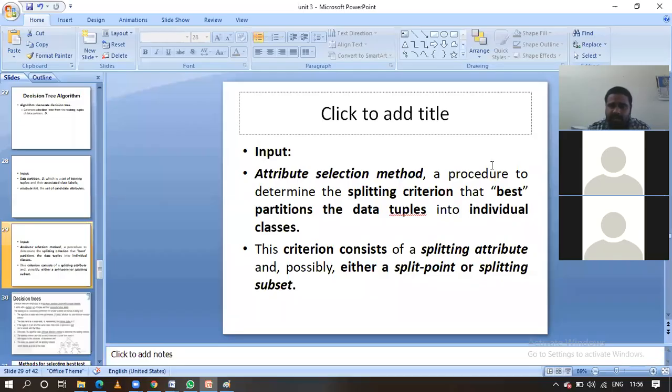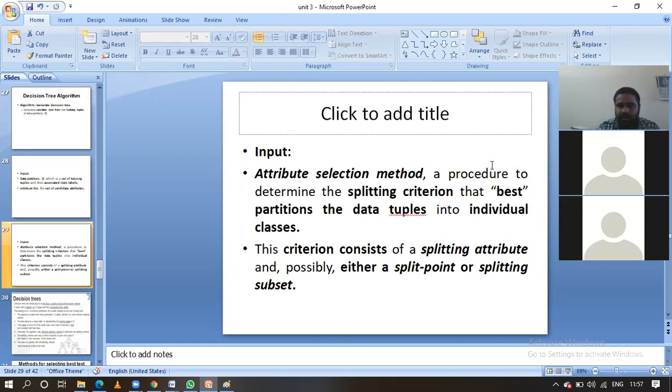In the construction of the decision tree, the attribute selection method plays a very important role. It splits the overall data tuples into partitions with no overlapping between the tuples. After applying the attribute selection method, we partition the data tuples into different subclasses.